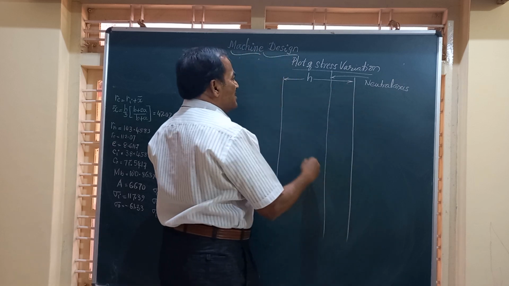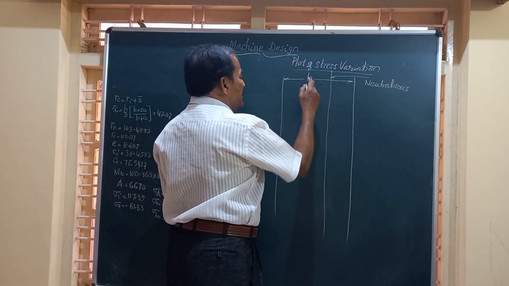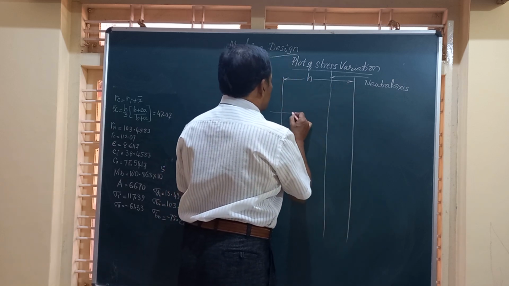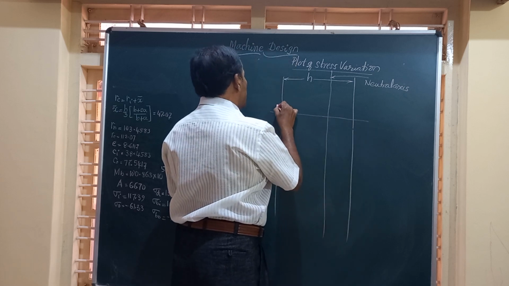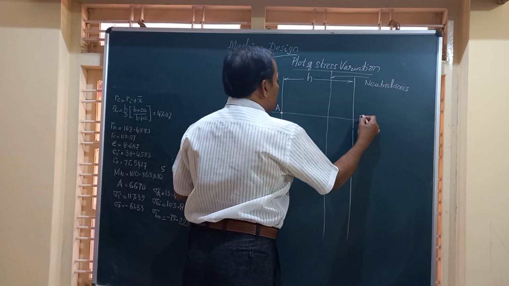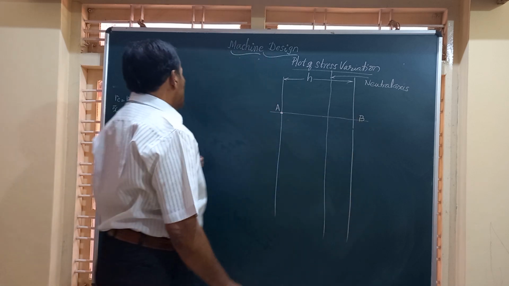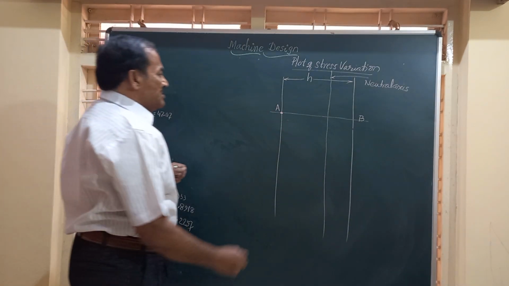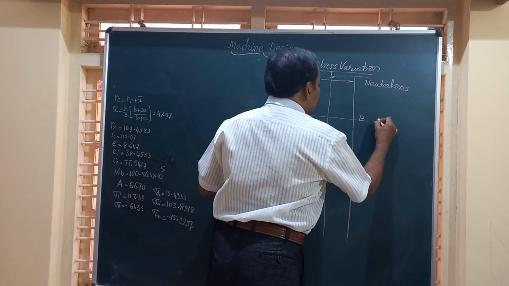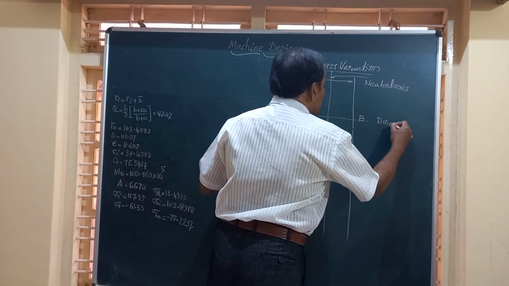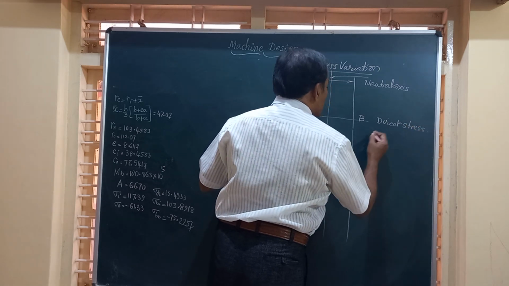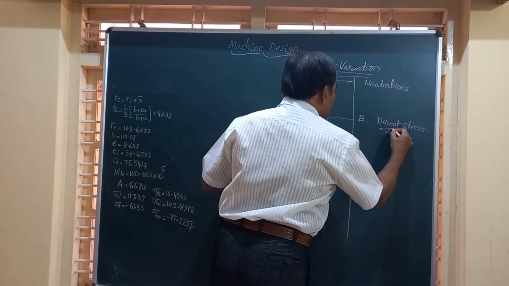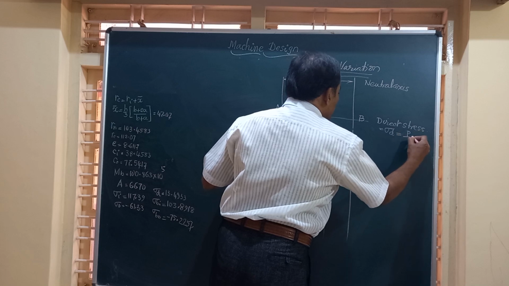If it is a circular cross section, you have to have D here. So friends, I will just mark a line here and mark the outer fiber as A, the inner fiber as B, and here we are going to plot, to start with, what is called direct stress. Direct stress is sigma d, that is equal to P by A.